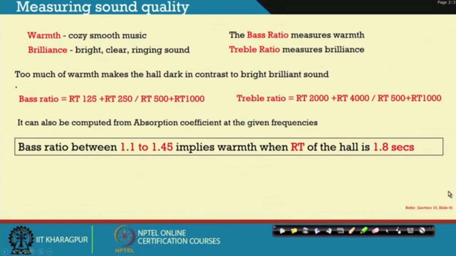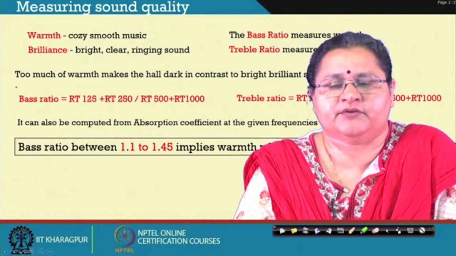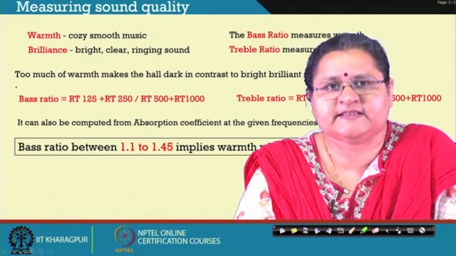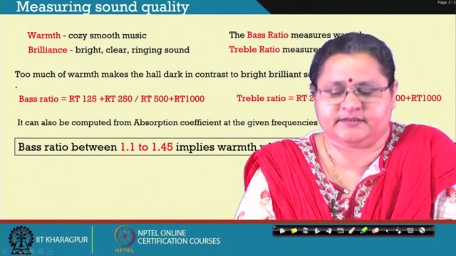So, your desired RT at 125 and 250 will be 1.1 times 1.8 seconds. If you have these things in mind, then it will be easier for you to select the absorbing materials.